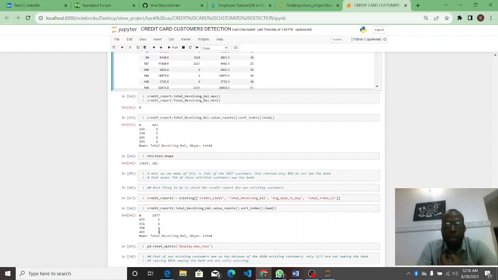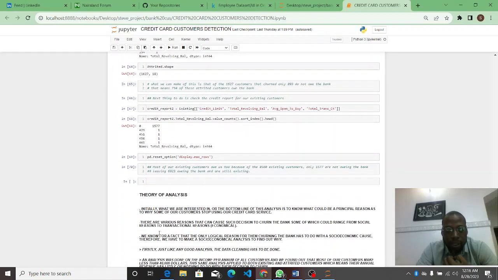They could pay up their debts the next day and still continue using the service, and some don't owe the bank but are still existing customers. So also we have individuals who owe us and are still actively making use of the credit card service of the bank.